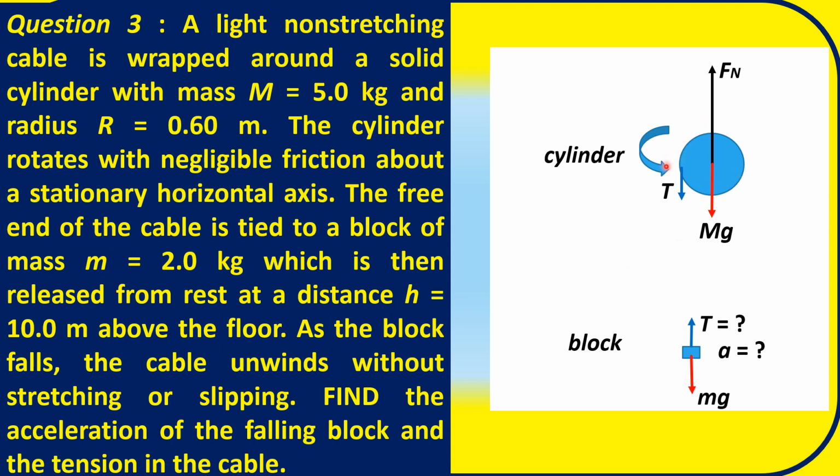The rotation of the solid cylinder is said to be in a counterclockwise direction, so that would be assumed to be the positive direction of the torque, of the moment of the force, the tension T. Likewise, the downward acceleration of the block will also be assumed to be in the positive direction along the y-axis.